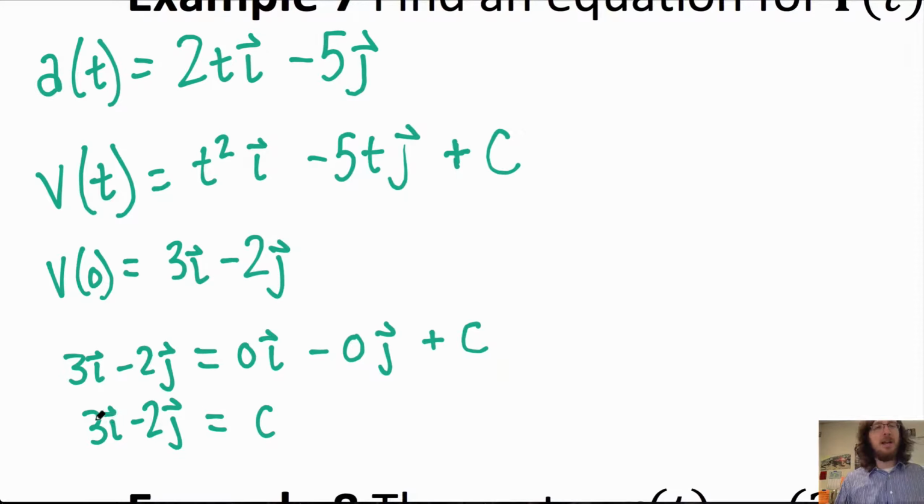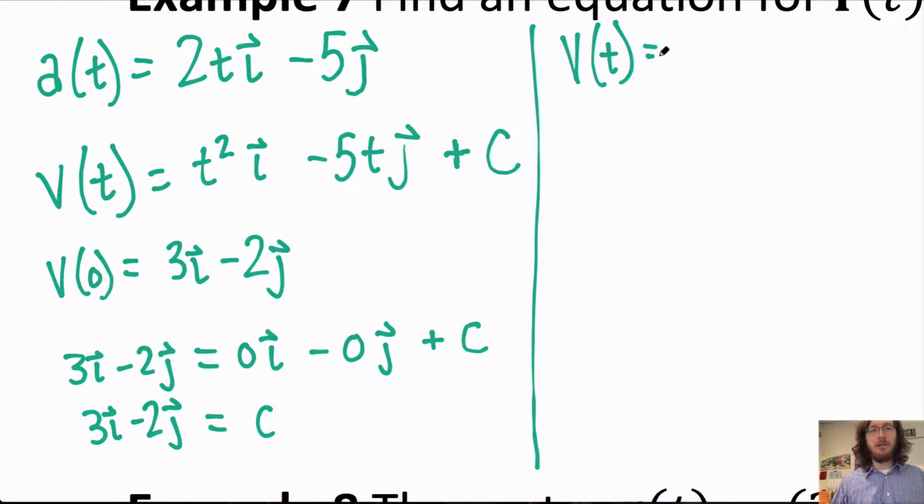Okay, so with that, we need to add in these extra components to our a and our b values up here. So our velocity as a function of t. For our a component, we've still got this t squared, but now we've also got this 3i that we have to add in there.